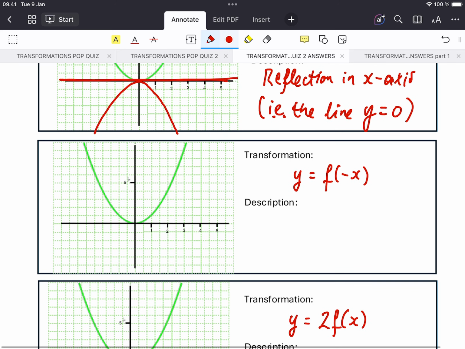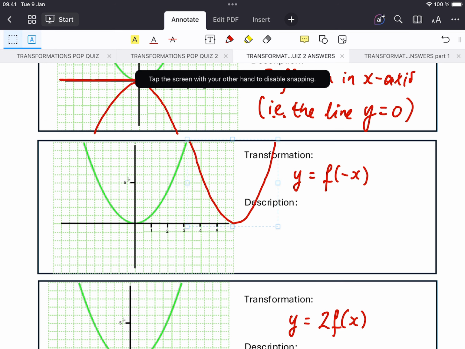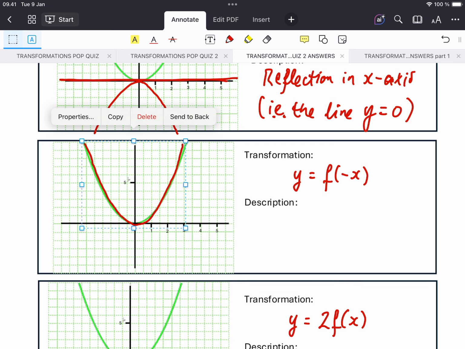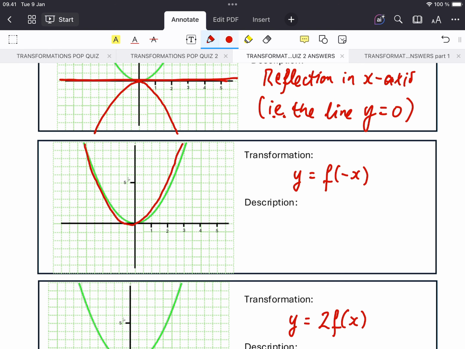Right, the next one, y equals f of minus x. So we're doing something to the x first before we're applying the function. So what happens there is it actually just reflects in the vertical axis.